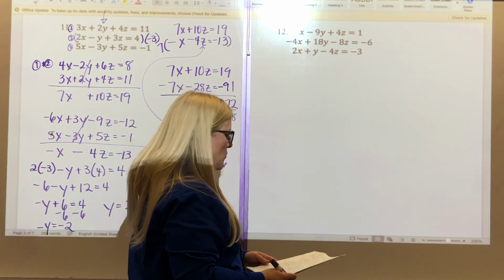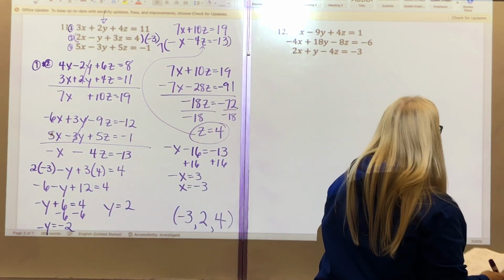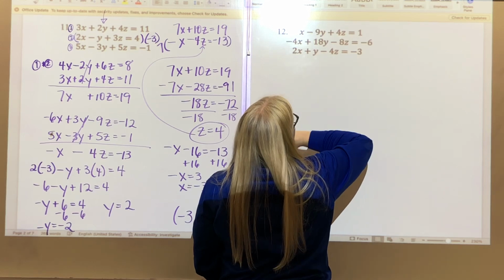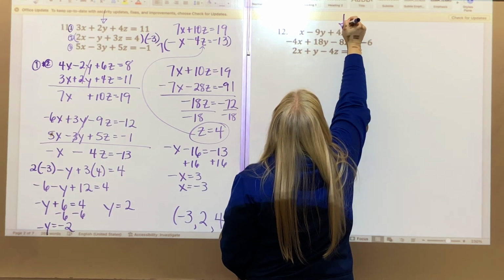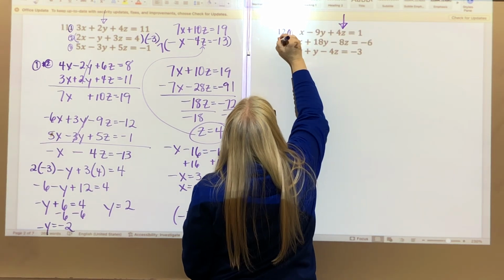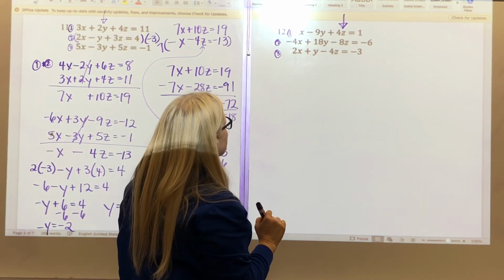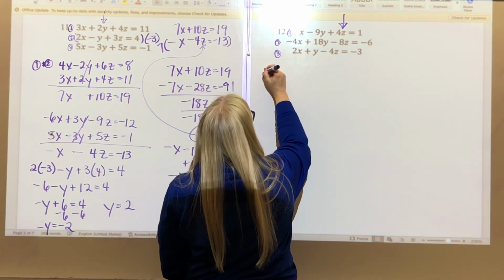Okay. For this last one, this last 3 by 3, I think I really like this one. I like the z. 1, 2, 3. And I'm going to do 1 and 3 to start.